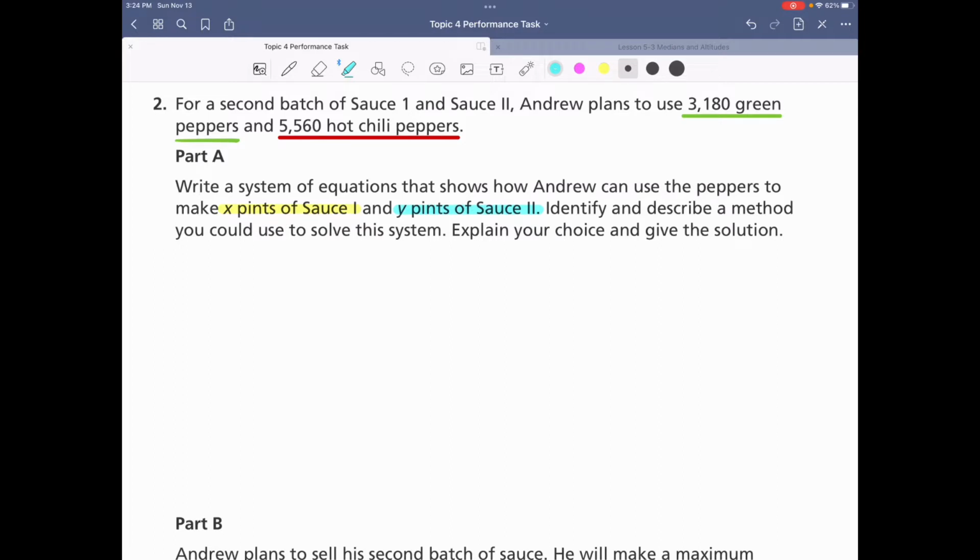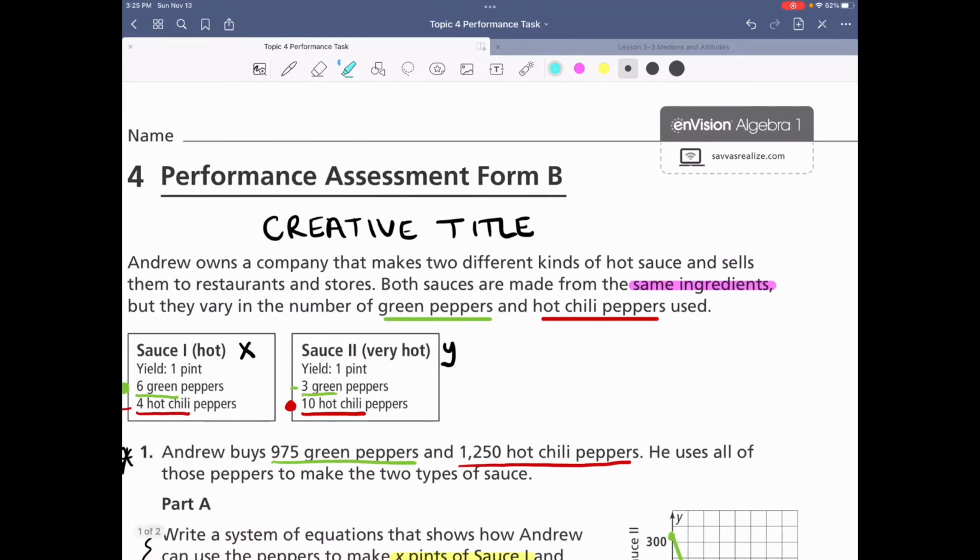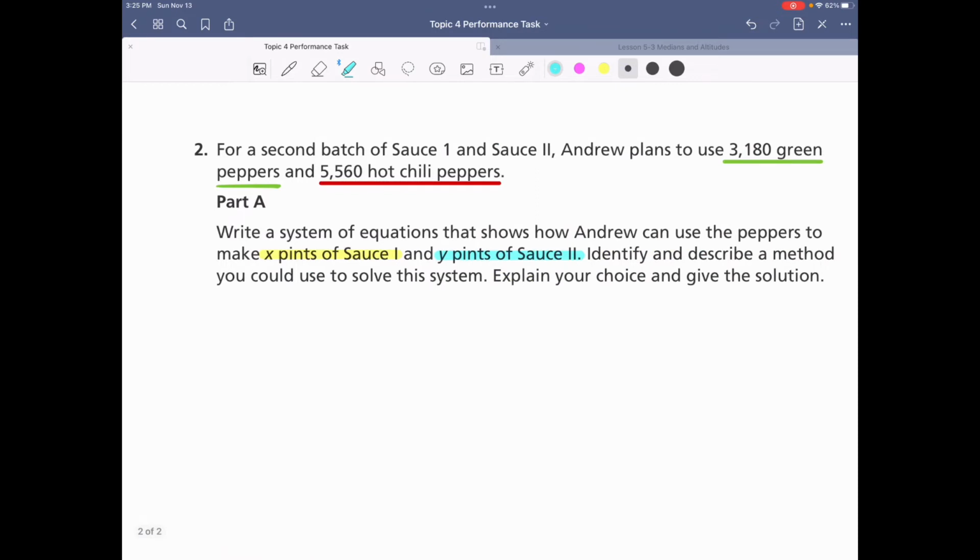I'm going to have to go back to page 1 to remember how many green peppers and how many red peppers are used for each type of sauce. So, sauce X uses 6 and 4. So I'm going to write that, 6 and 4, for the X's.